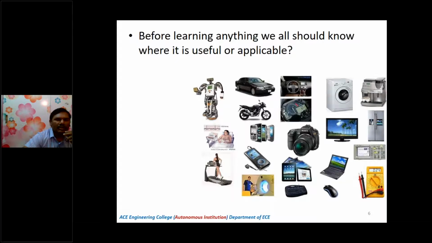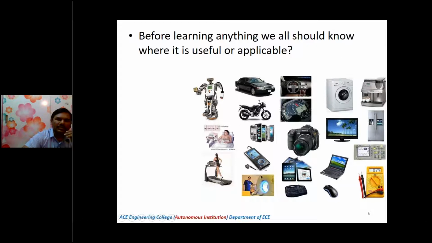Before learning the remaining topics, first we have to see the uses and applications of microprocessors and microcontrollers. Here I am giving them in diagrammatic images. Microprocessors and microcontrollers are used in robotics, automobile engineering, home automation, and biomedical applications.